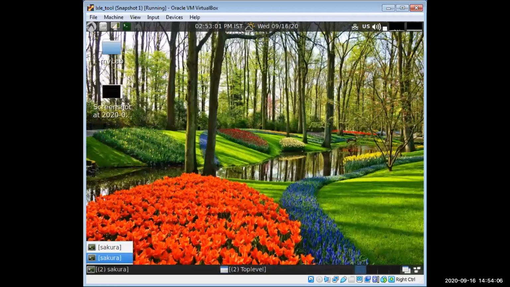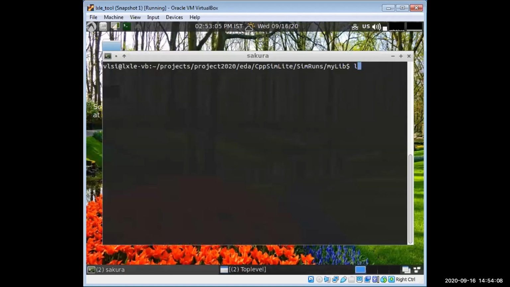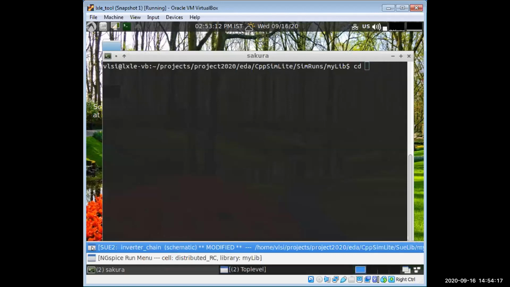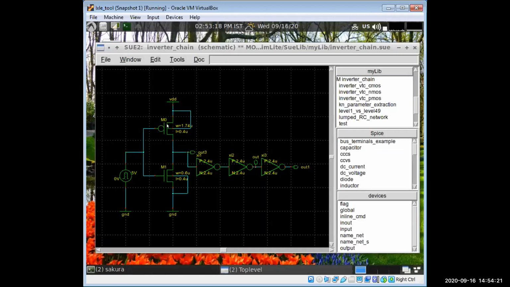Shatabdi, the sizes of the inverters are the same. Okay, I have to show the sizes. I have taken the actual PMOS size, that means the ratio is nearly 2.9 between PMOS and NMOS.